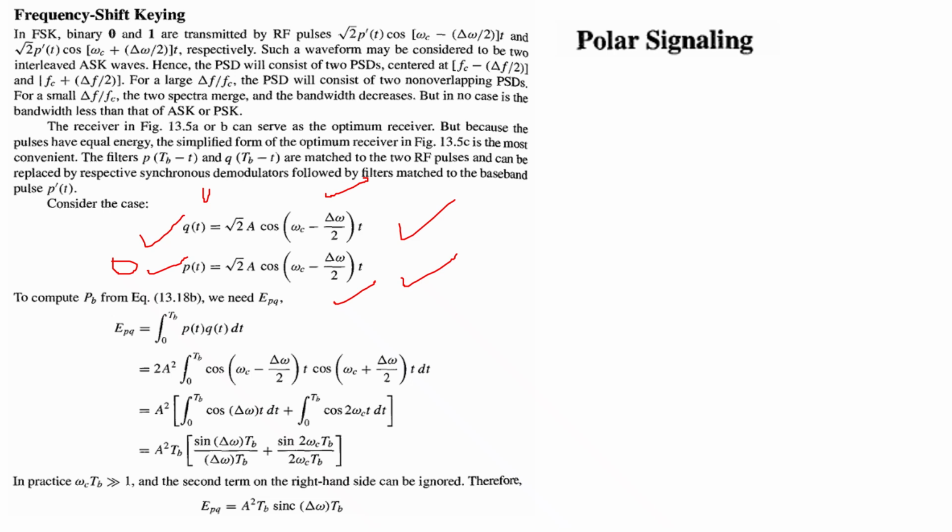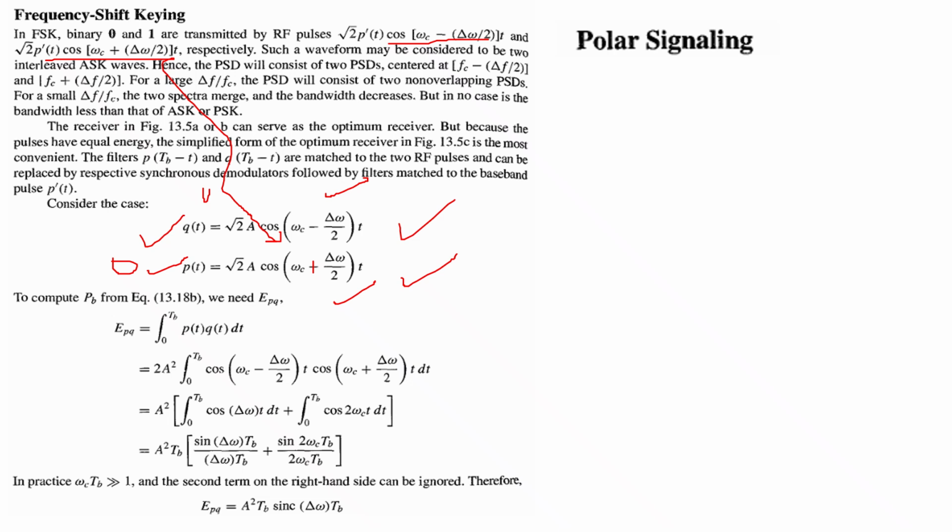So whenever we are using the pulse train, that is RF, you can check here, the pulse train has omega c minus delta omega by 2. One of them should be plus, so let me make it plus. And the other is square root of 2 cos of omega c plus delta omega by 2. So from here only you can make it.